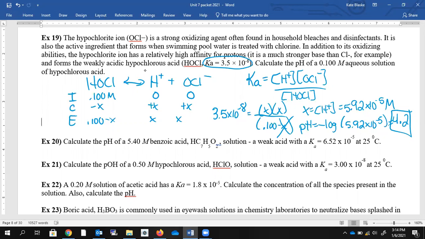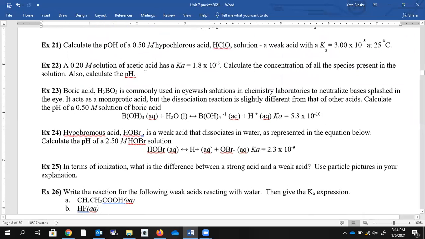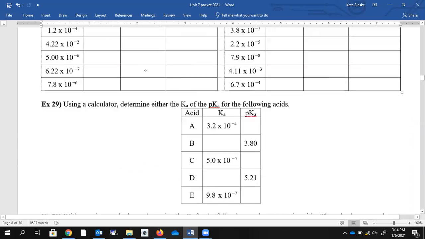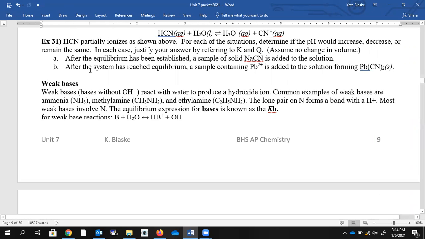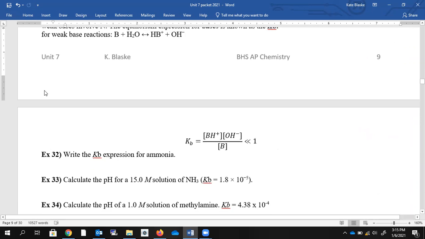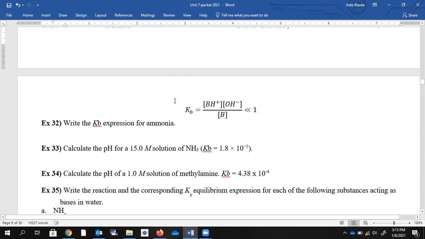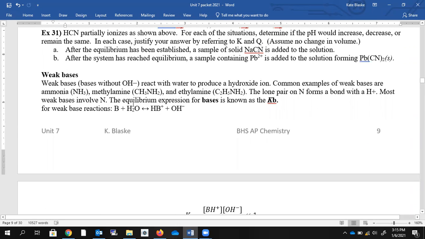We also can do this exact same math for bases. If you go to page 9, we talk about weak bases. Weak bases behave the exact same way. They have a Kb value, which measures how strong of a base they are. To write out the equilibrium expression, remember that for bases we always have to include water, because that base needs a source of protons to accept.